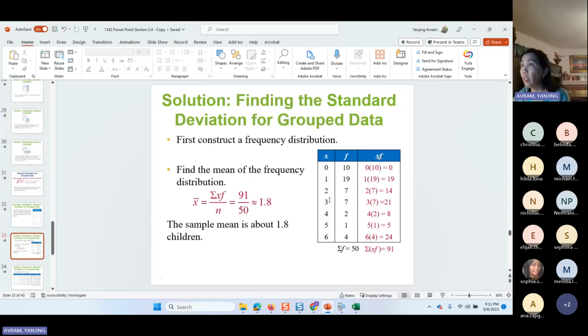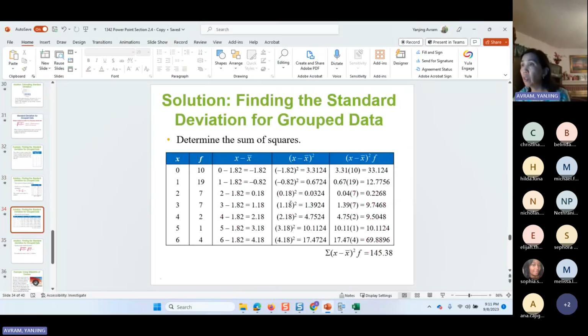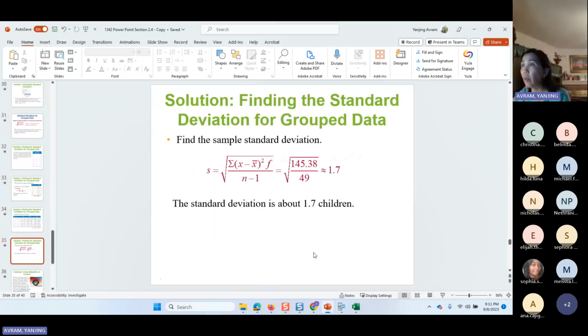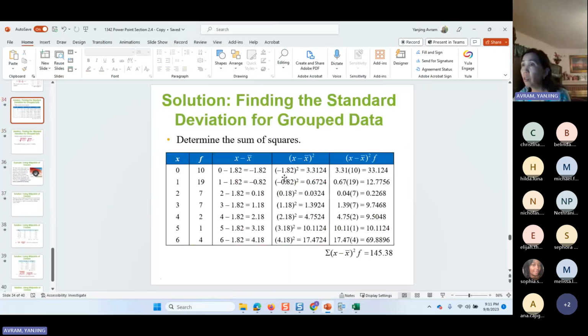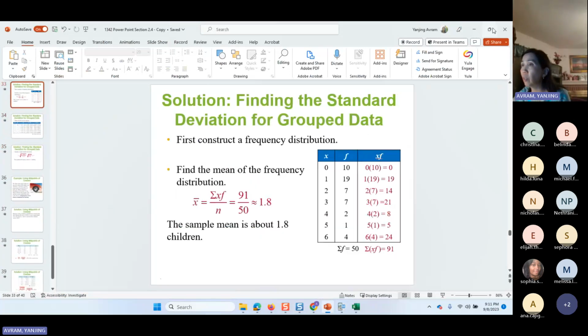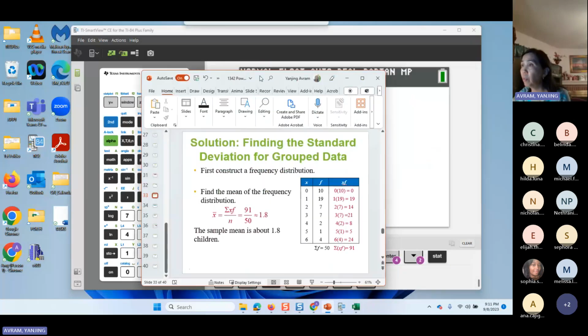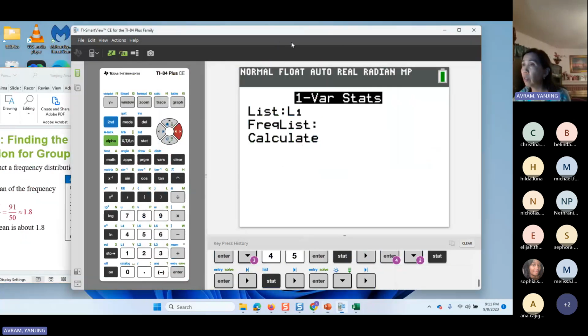Otherwise, if you're trying to find this by hand, you have to find the mean, and then follow those steps. Each data value needs to minus the mean first, and then square them. Then you multiply by the frequency before you add them together. After that, you divide, so you get 1.7. But I can put this whole thing into my calculator really quick. So let's input this one in here really quick.